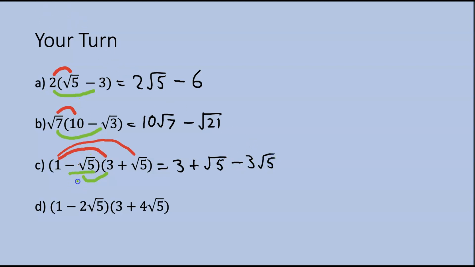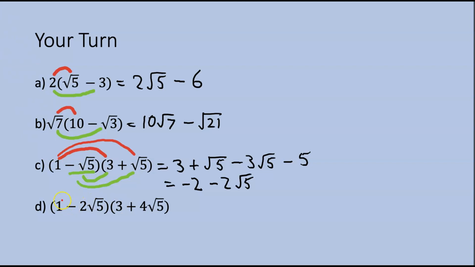And again, minus root 5 times plus root 5 gives me minus, root 5 times root 5 just gives me 5. 3 take away 5 is minus 2. Root 5 take away 3 root 5 is minus 2 root 5.